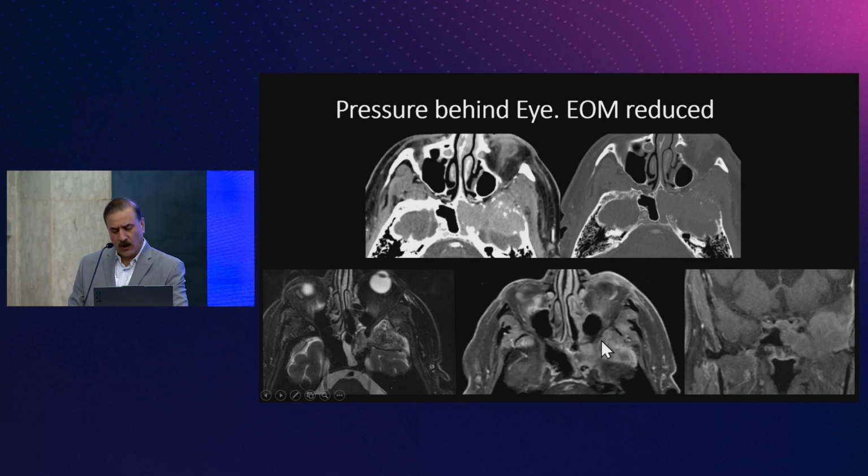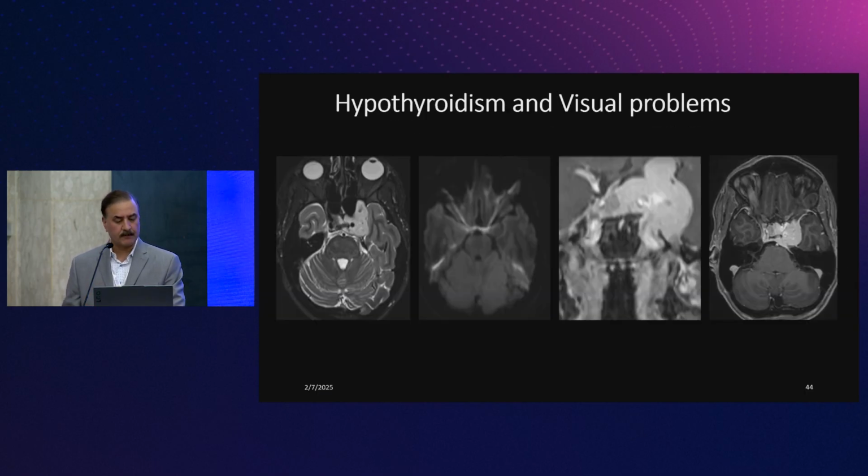It's enhancing, not homogeneously, peripherally enhancing, and it's dark on T2 weighted image. That's different from what we are usually used to, heterogeneous here. That's different from what we see for meningioma, and this actually turned out to be a plasmacytoma.